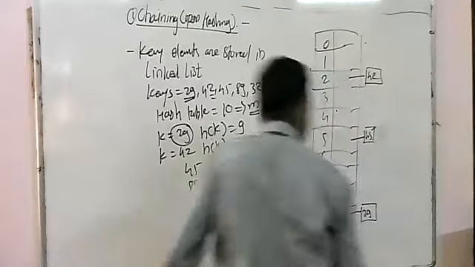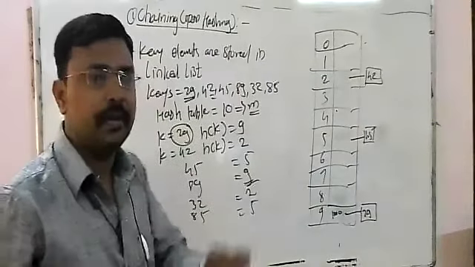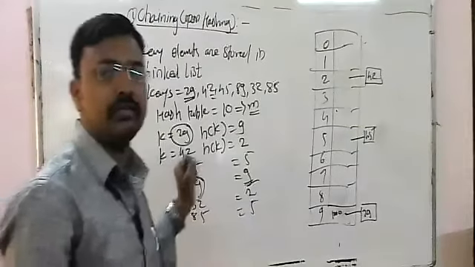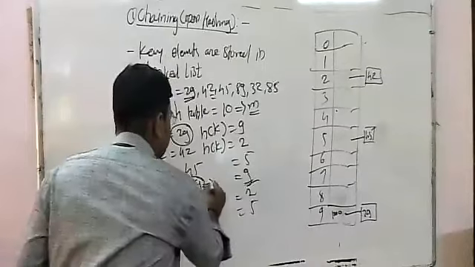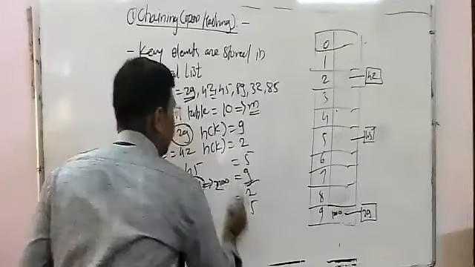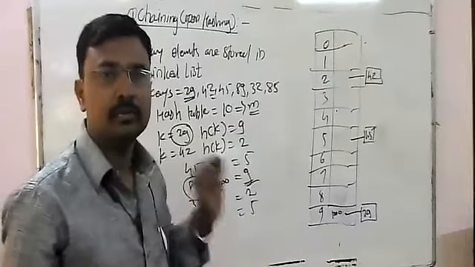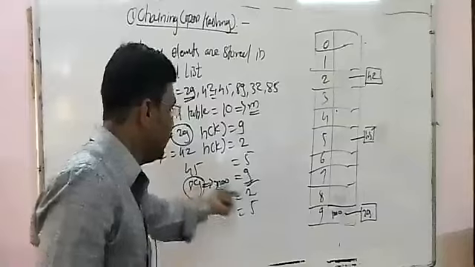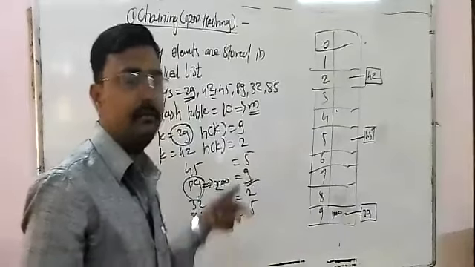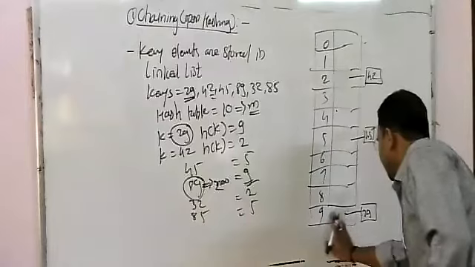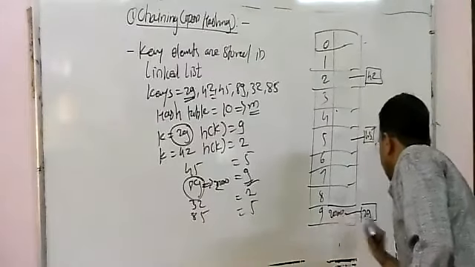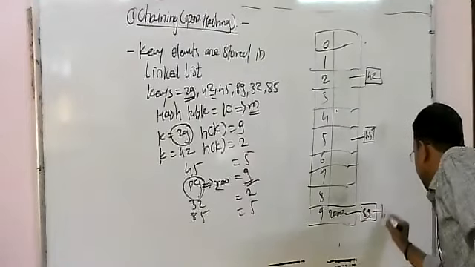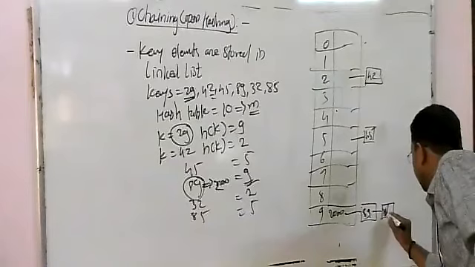Suppose the address of 89 may be 2000. The address of 89 is stored here, and the first element is 89, which is linked with another element, that is 29.